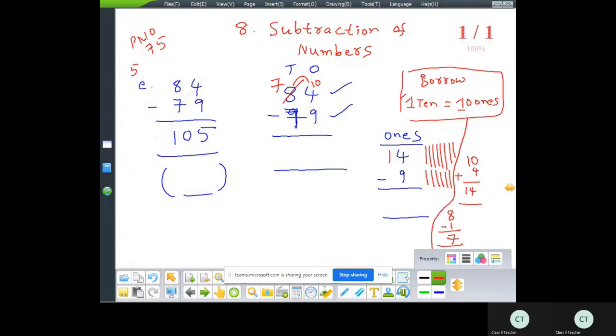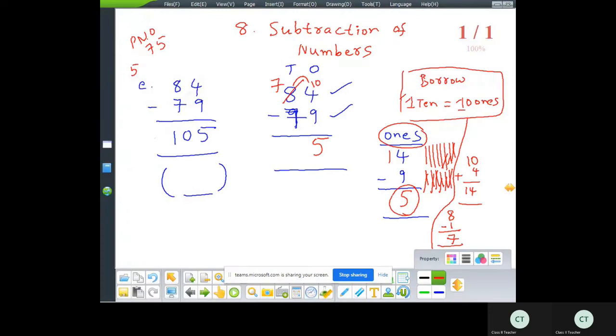From 14 lines, we cut 9 lines. 1, 2, 3, 4, 5, 6, 7, 8, 9. After cutting 9 lines from 14 lines, there are 1, 2, 3, 4, 5. 14 minus 9, answer is 5. This answer 5 we write in one's place.